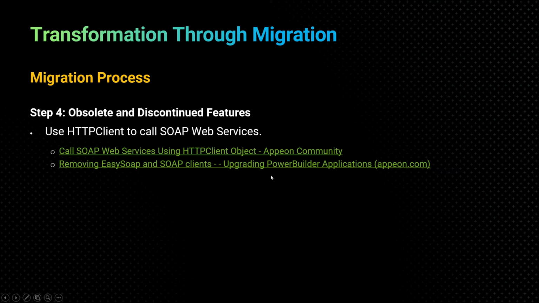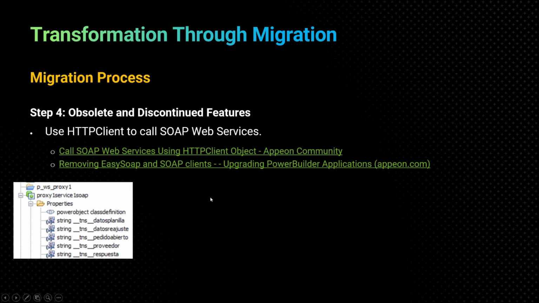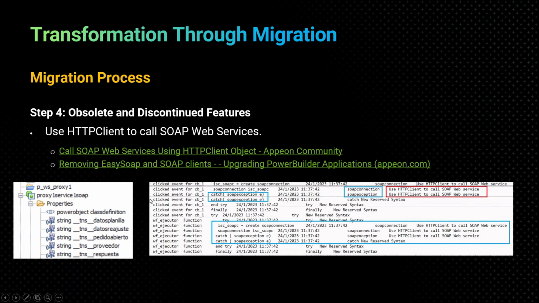So we used to work in this way. We used a SOAP proxy, and after that the Migrator Assistant showed us that we need to use HTTP client to call the SOAP web service instead, and we worked on it in that part.